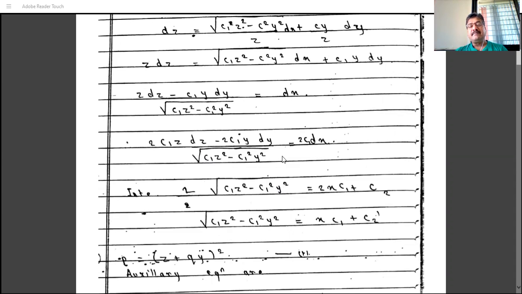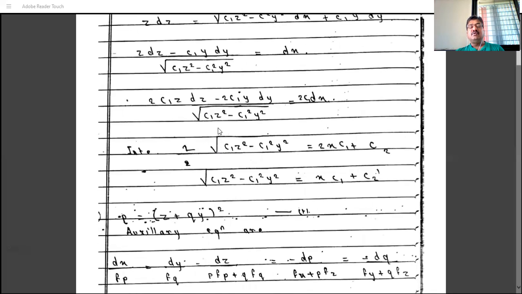So just multiply by 2 throughout, to LHS and to RHS. And here it is like 2 dx only, not c1, 2 dx. So multiply by 2, and then integrate both sides. So this is the derivative of 2 times root of c1 z square minus c1 square y square.